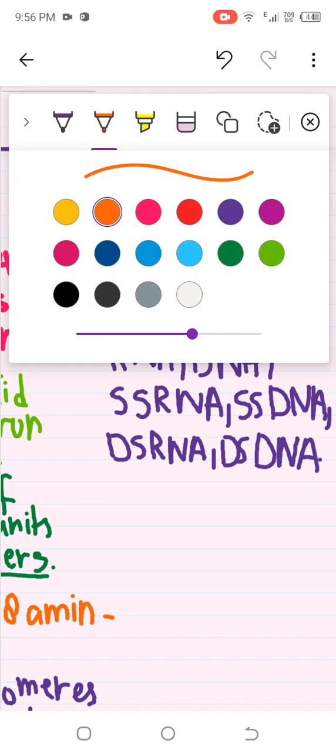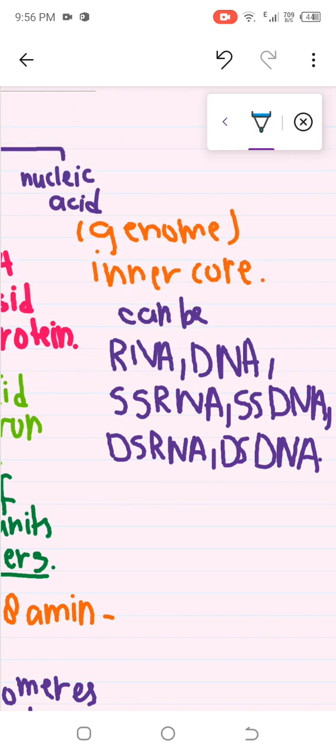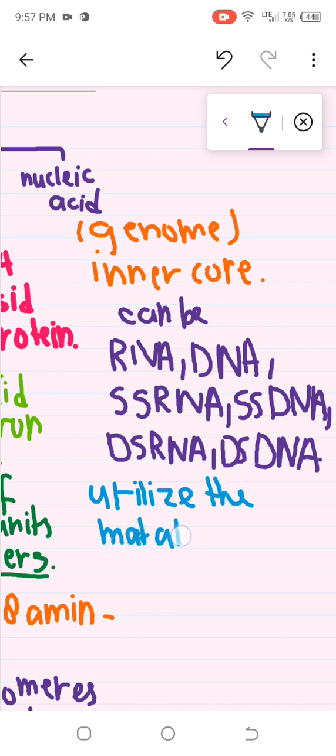Now what is the work or purpose of nucleic acid? Nucleic acid is responsible for utilizing the metabolic machinery of the host cell. Which things are included in the metabolic machinery?